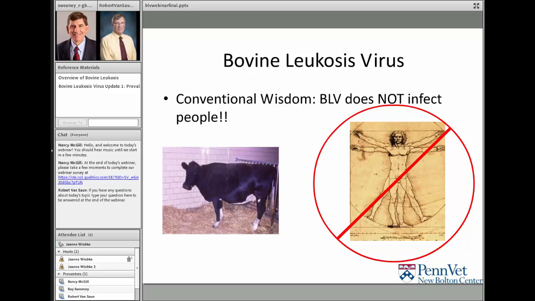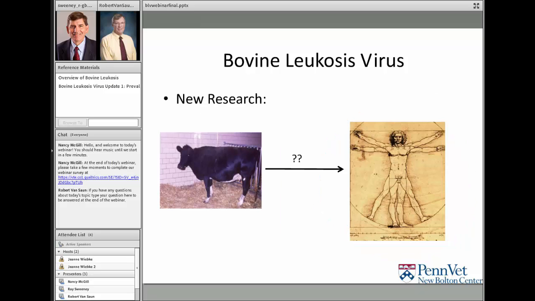This is what I have been teaching my veterinary students, and when I've given talks, this is what we've always said. And the world has turned a little bit for us in the last month, believe it or not. There's now some new research which calls into question this conventional wisdom.